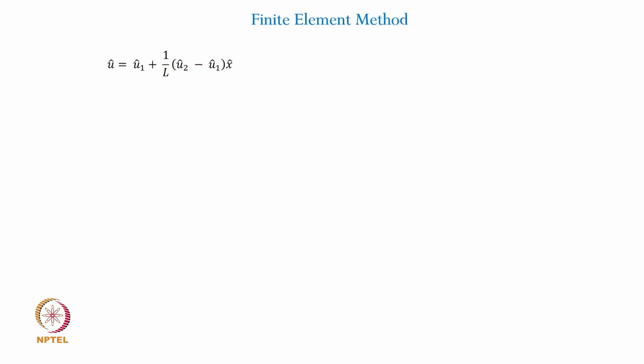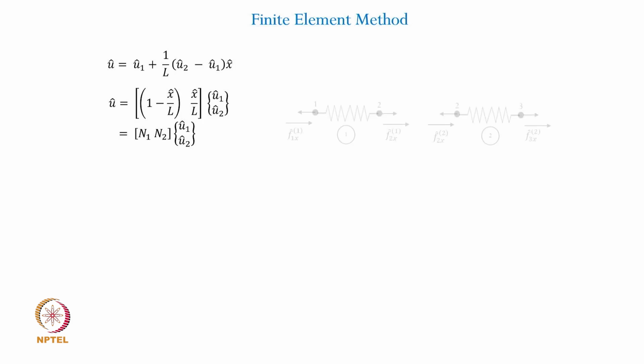Let us look at how do we go about extrapolating this, and how do we assemble these elements together to represent an entire vibratory system. So, this is the shape function that we had already discussed. In a matrix form, you can represent this to be given by this expression, shape function matrix multiplied by the nodal displacement vector.